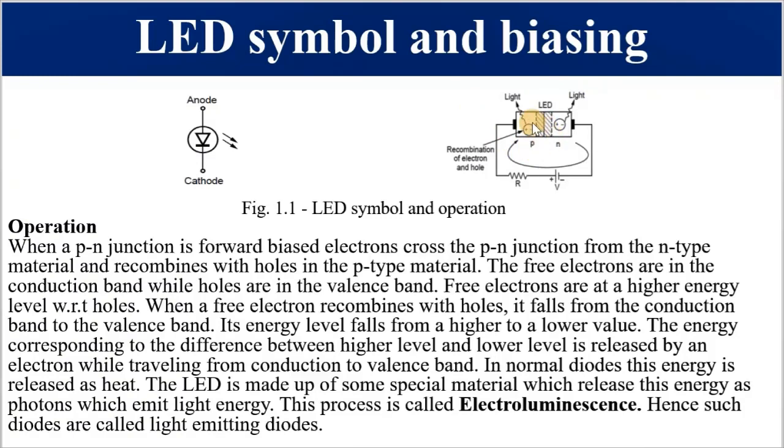As usual, there is a barrier potential when the two are brought together, and the middle one is the junction. So our conventional current flow is moving in this way. How is light produced? Light is produced when recombination of an electron and a hole occurs.